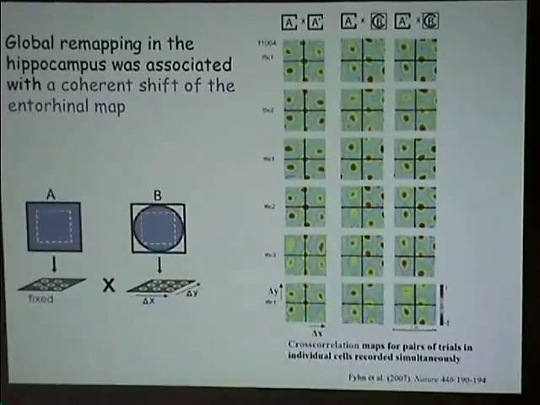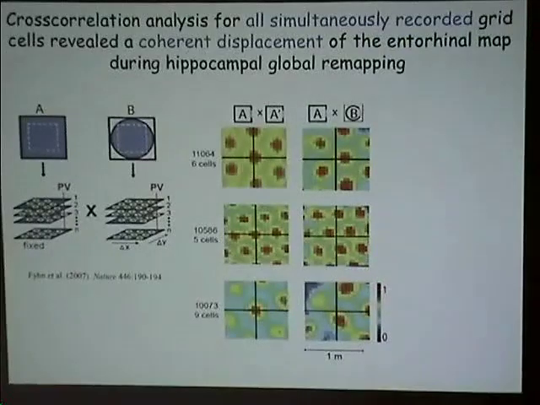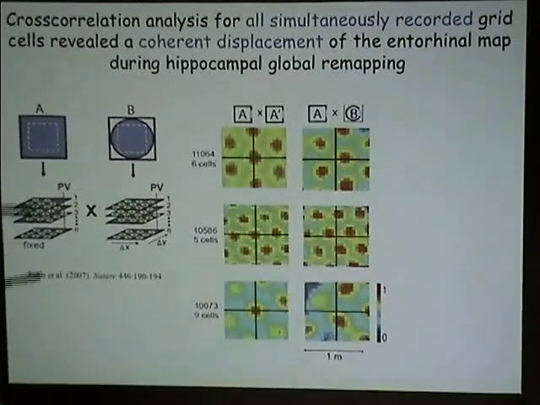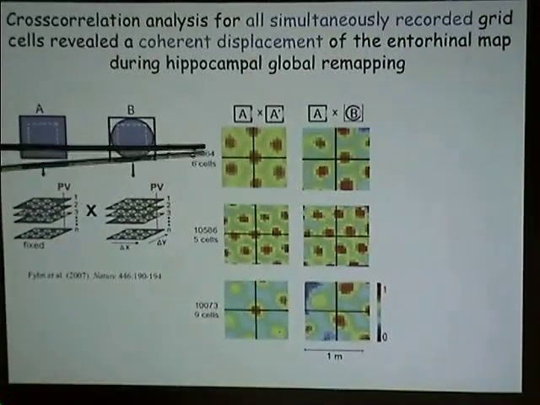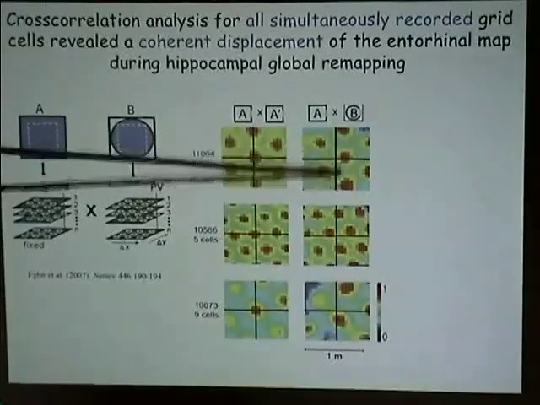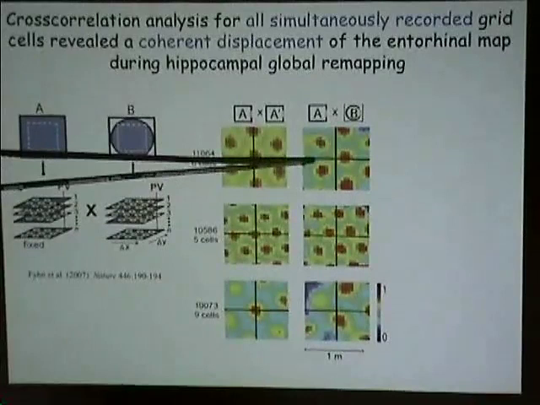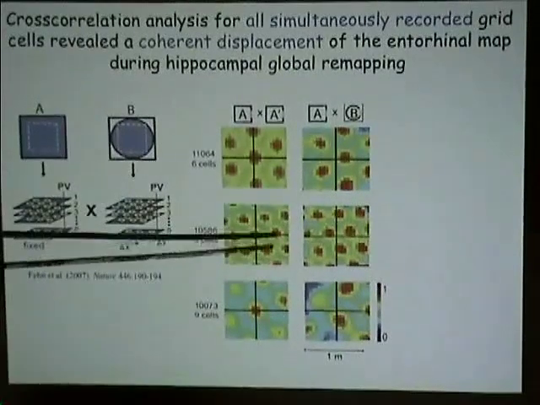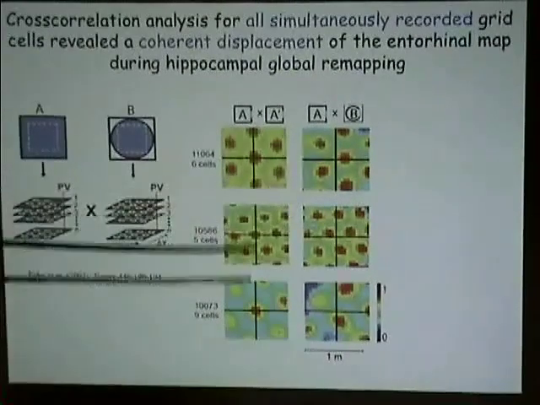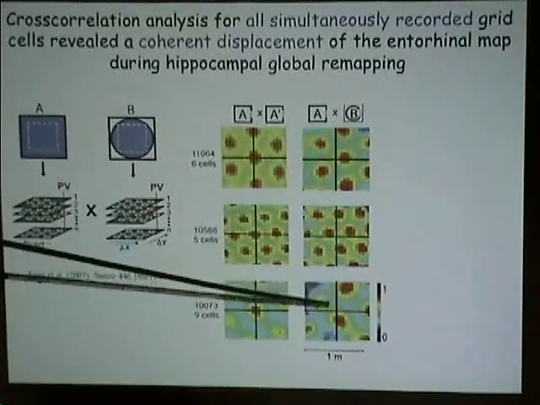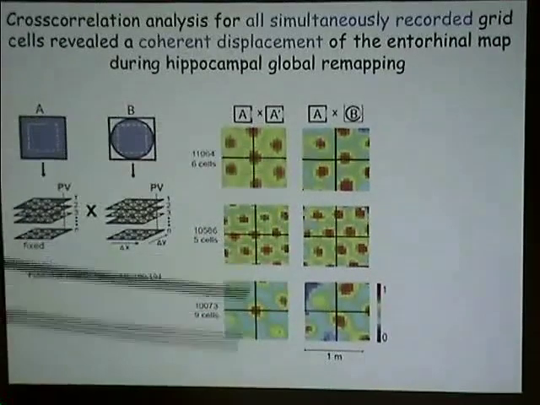And it's even so that if you do the analysis for all the cells you record at the same time, then you still get a nice cross-correlation map. It's just shifted. So in this case, all the cells were shifted to the right. In this case, they were all shifted a little bit up to the left. And in this case, a little bit down. So these are three different animals.